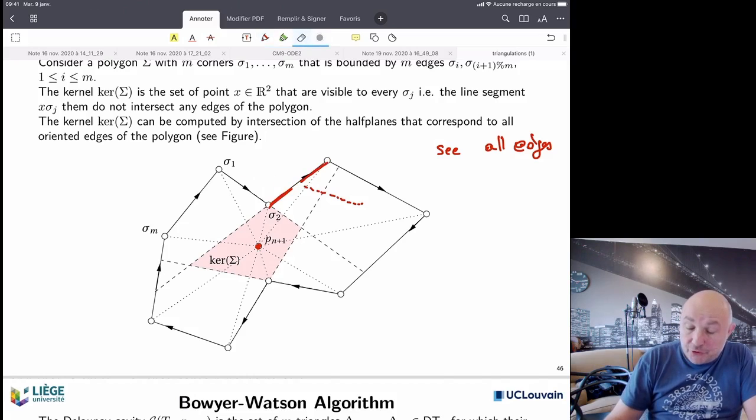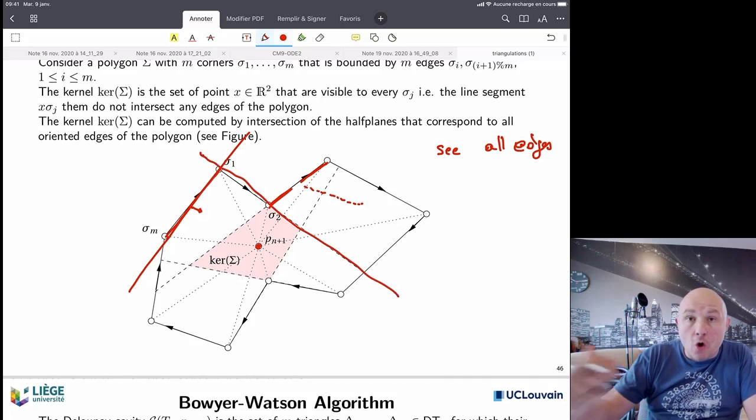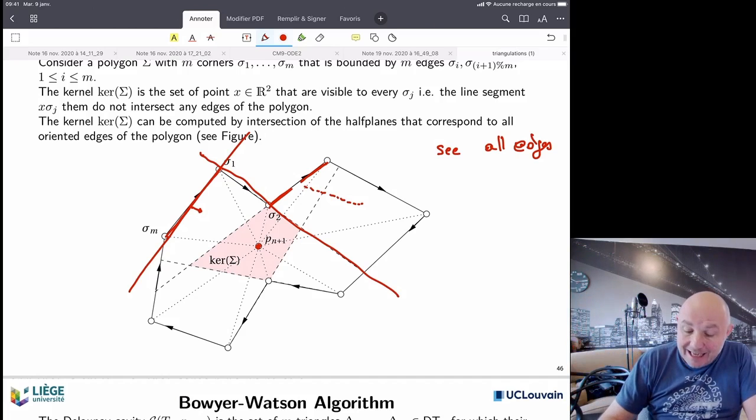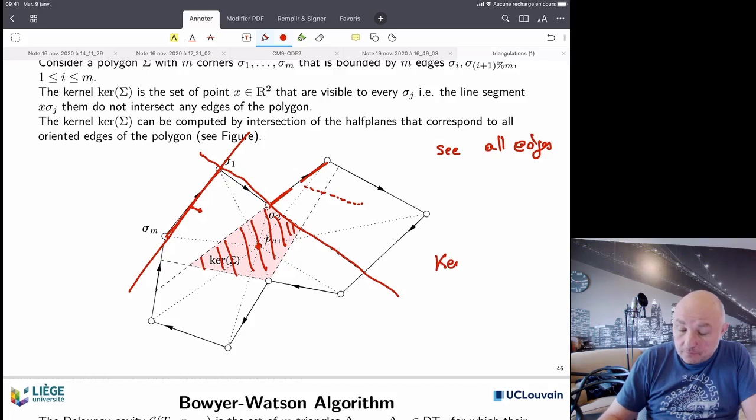So the kernel can be constructed by simply taking every edge, oriented, look to the right, and say, I'm taking that one, and then taking that one to the right. If I'm intersecting all half planes, okay, sequentially, with respect to all the edges of the polygon, I get, or I don't get, a zone which is called the kernel of the polygon. Of course, the kernel of a polygon which is convex is equal to itself.